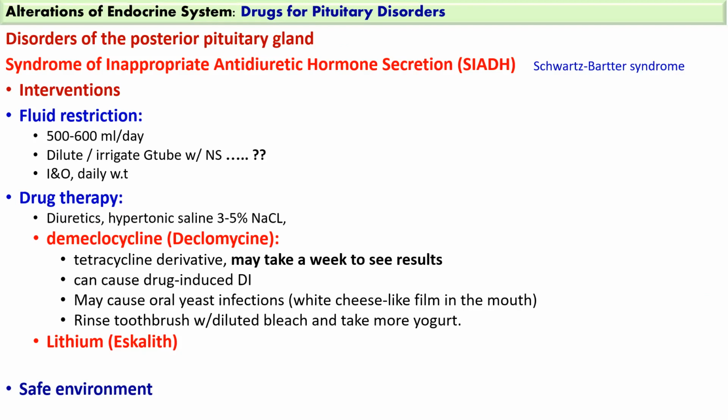A side effect of the drug is that it can cause drug-induced diabetes insipidus and may cause oral thrush, the wet cheesy film in the mouth, which is a fungal infection.